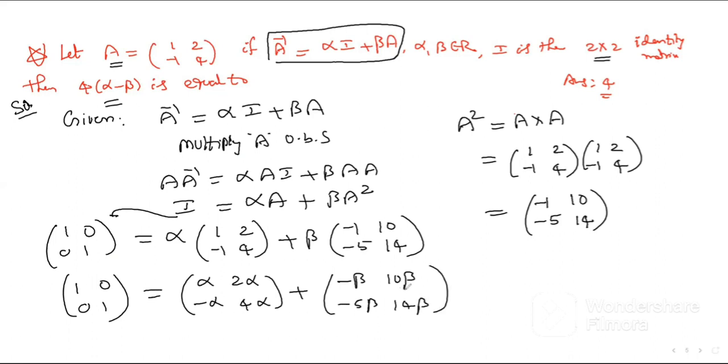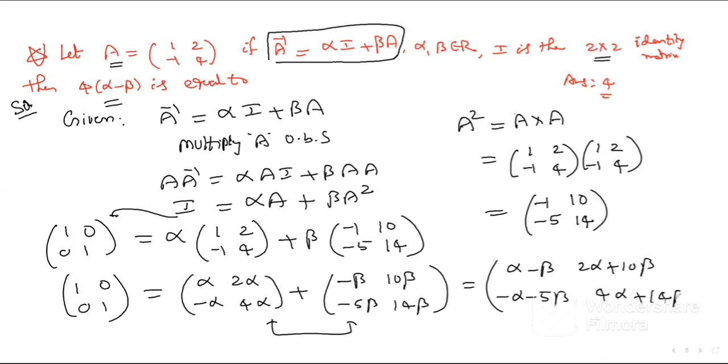The sum of these two matrices we get: alpha minus beta, 2 alpha plus 10 beta, minus alpha minus 5 beta, 4 alpha plus 14 beta.